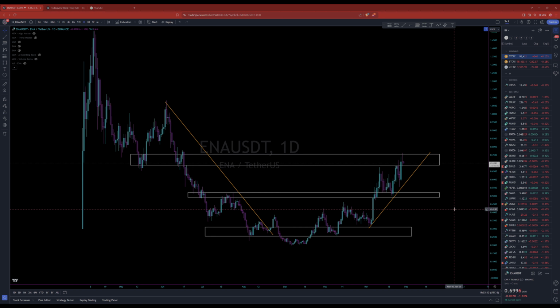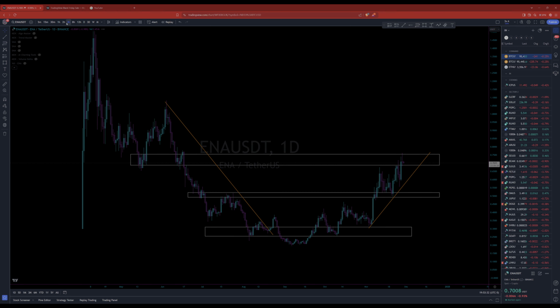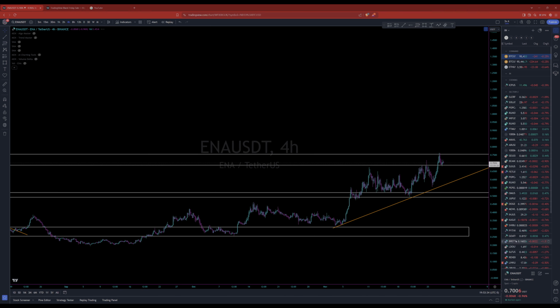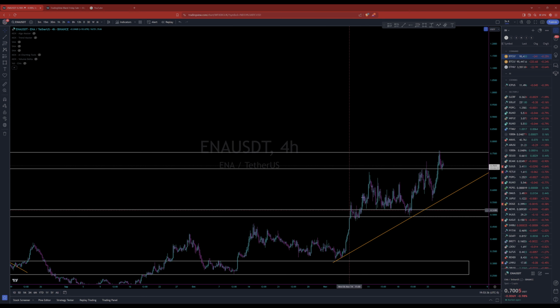And another strategy to use, and I'll talk about this later in a tie-in video with all the things together, like all the different types of resistance and support tools incorporated with indicators, you'll see how powerful it is to identify these zones on the daily and then swing trade on the 4 hour or 1 hour. You know that these zones are hot. They're very reactive.